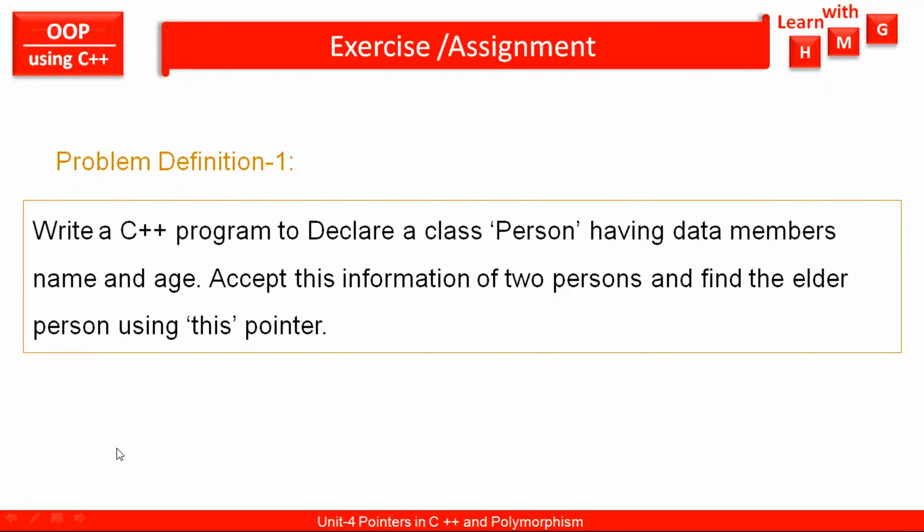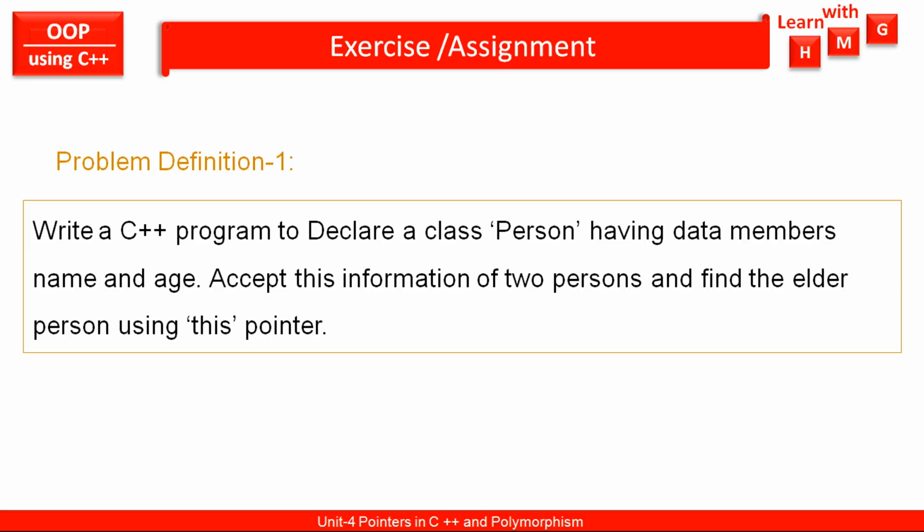Let us implement this concept of returning calling object by writing a complete C++ program. Here is the problem definition: you have to write a C++ program to declare a class person having data members name and age. So there is a class person and the data members are name of person and age of person.